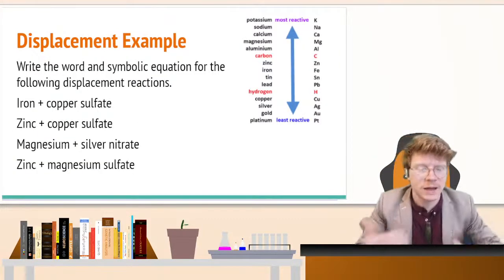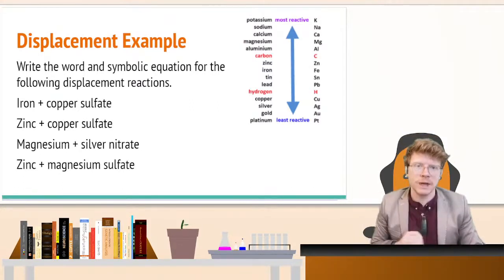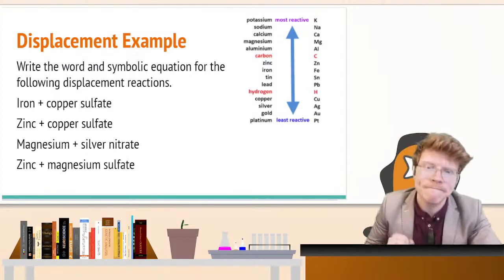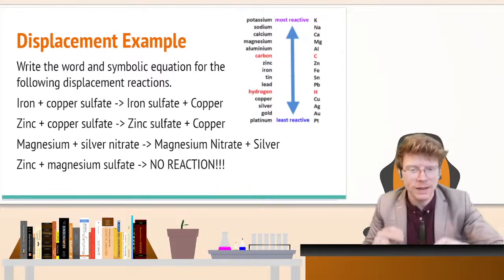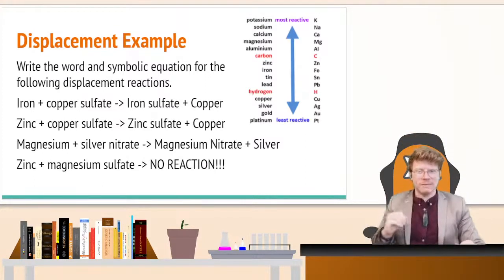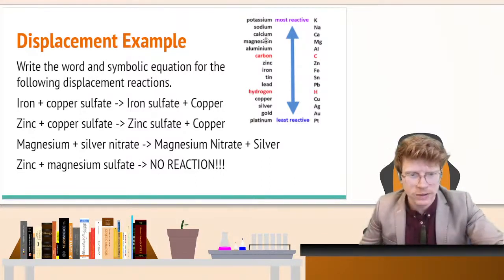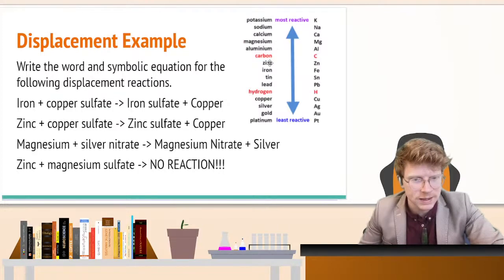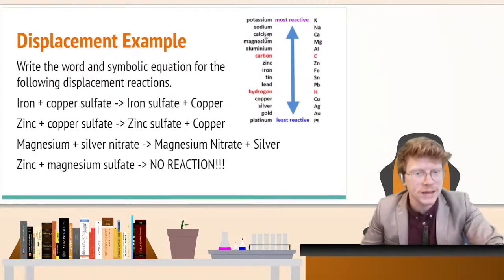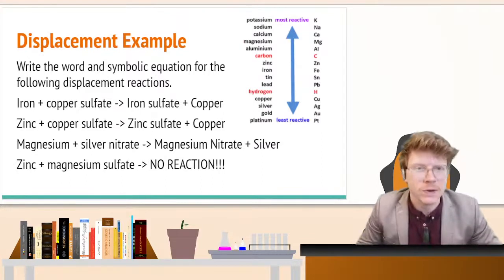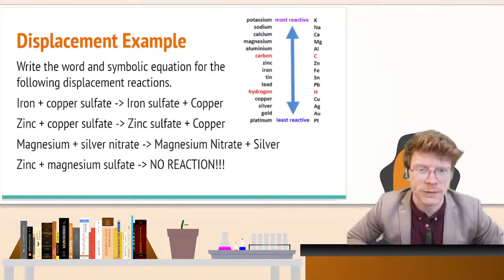We have some other examples here. You can pause the video. You might have done this already, but I'll reveal the answers in 3, 2, 1. The key thing here was that last one, zinc and magnesium sulfate. Magnesium is right up the top here. Zinc is here. When you add zinc to magnesium sulfate, magnesium is more reactive. Zinc is not going to displace it. It is not as reactive.